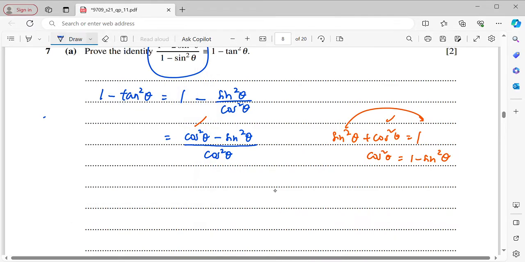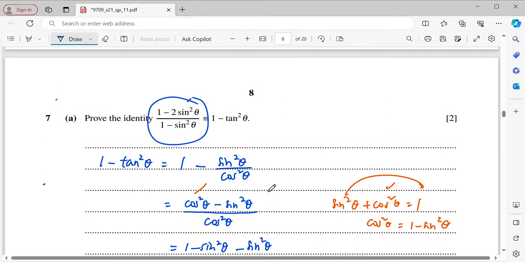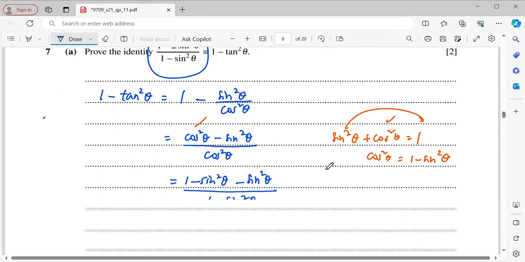Then I will be getting 1 minus sine squared theta minus another sine squared theta over the cos squared theta, which is 1 minus sine squared theta. So from here, I will be getting 1 minus 2 sine squared theta over 1 minus sine squared theta. So we have proven the identity.